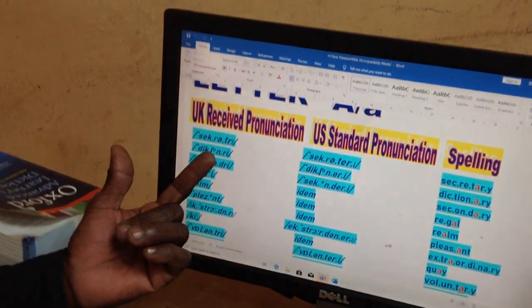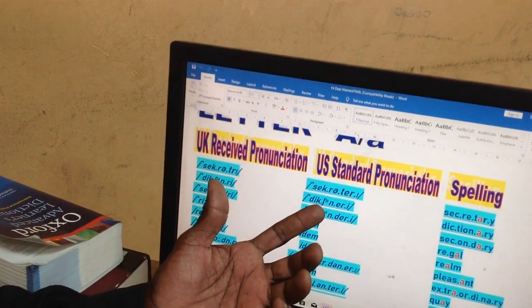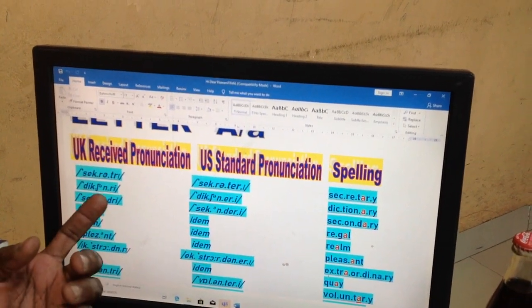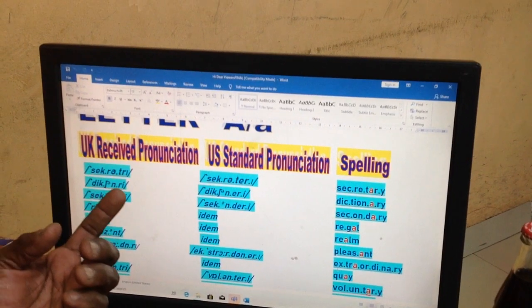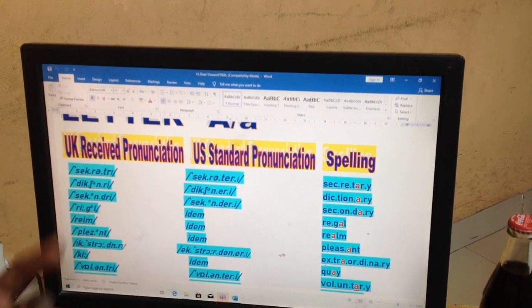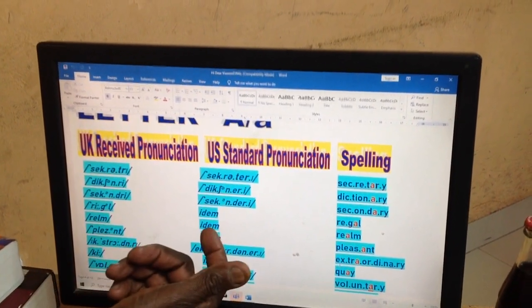As you can see, the schwa is optional. And so it's the same thing here, but you will pronounce dictionary. If you want, you can say diction or diction, dictionary and dictionary, like that. Secondary, secondary.